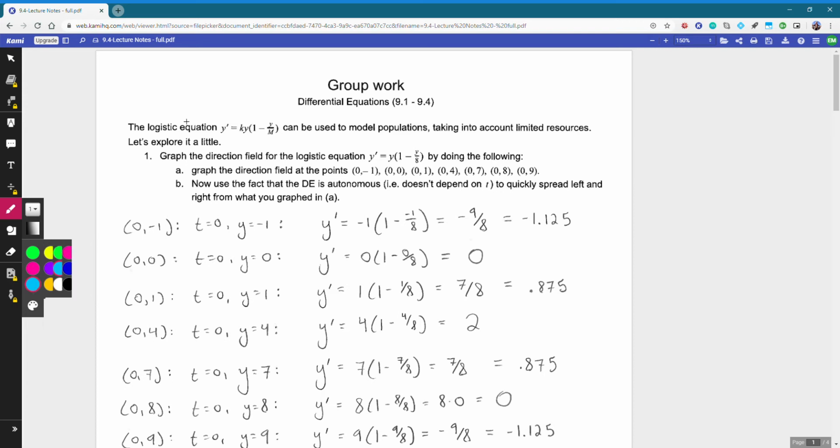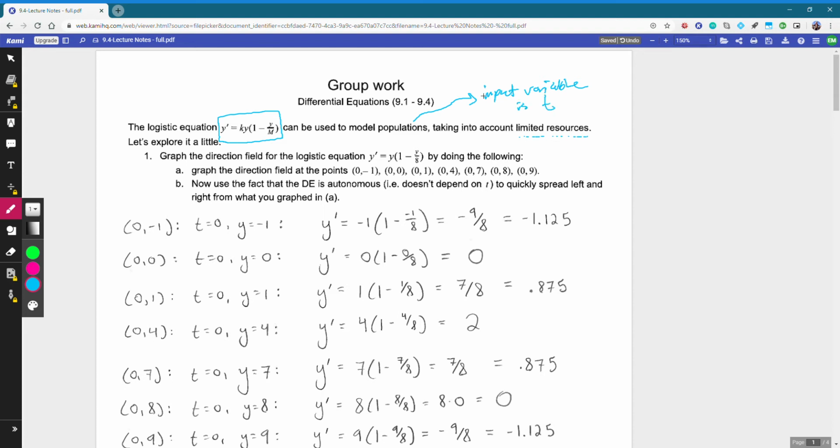So here we're looking at what's called the logistic equation. And this is an equation that can be used to model populations when we're thinking about an environment that has limited resources. And in general, when we think about populations, we normally want to think of our input variable to our function as being t.